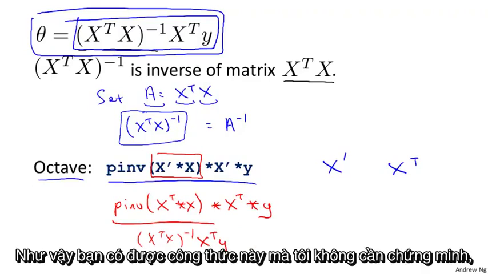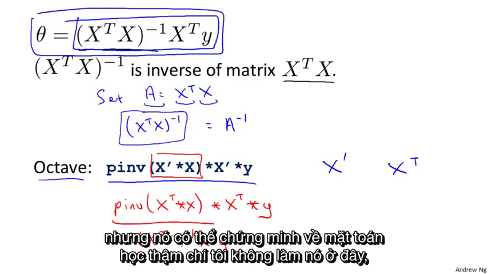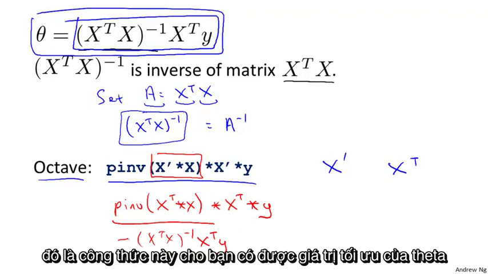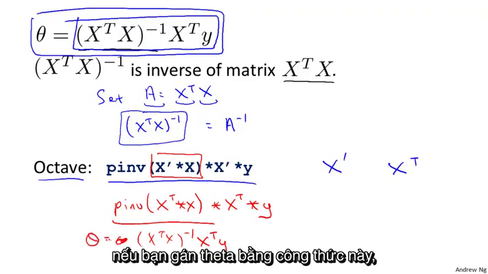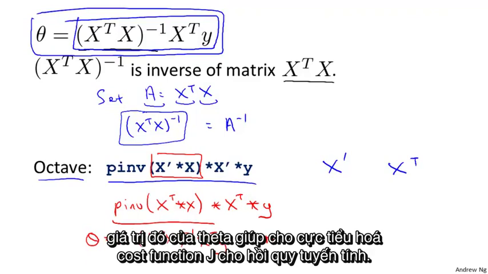I didn't prove it, but it is possible to show mathematically that this formula gives you the optimal value of theta, in the sense that if you set theta equal to this, that's the value of theta that minimizes the cost function J of theta for linear regression.